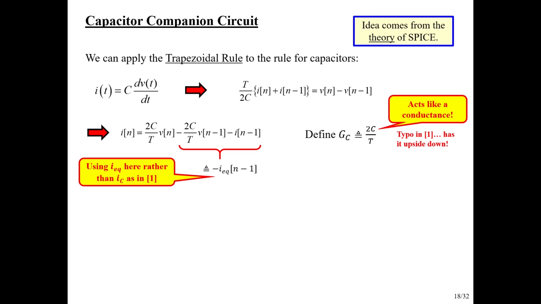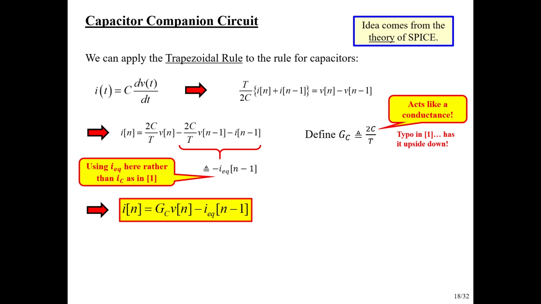And so that is going to be a conductance, and we can see that it acts like a conductance, right? Voltage times a conductance gives current, because voltage divided by resistance gives current. Okay, good. So now, given these two definitions, I just keep this here.